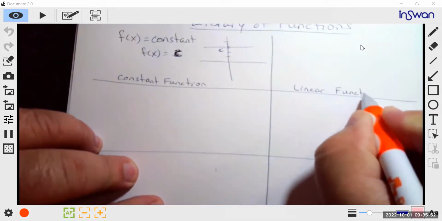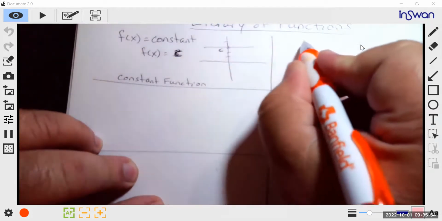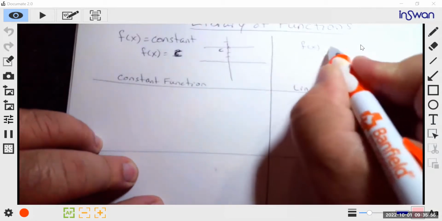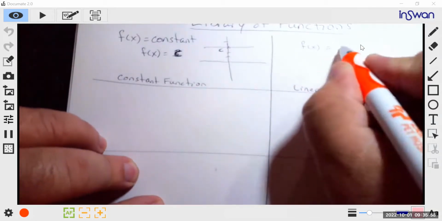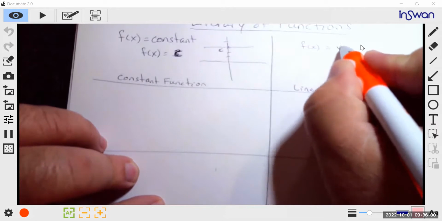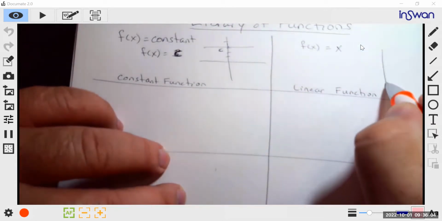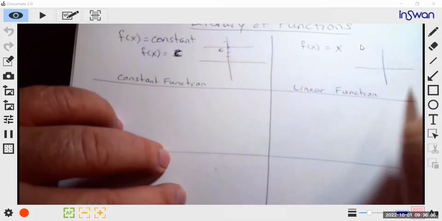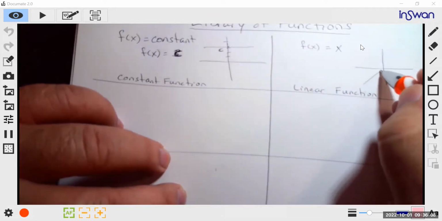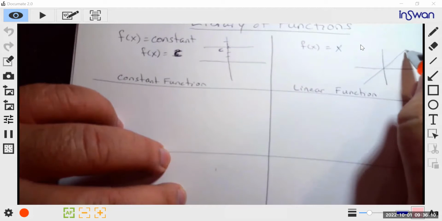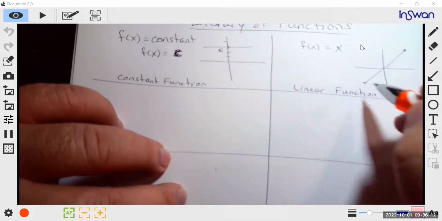The next one's called a linear function. This equation is a straight line with a slope.